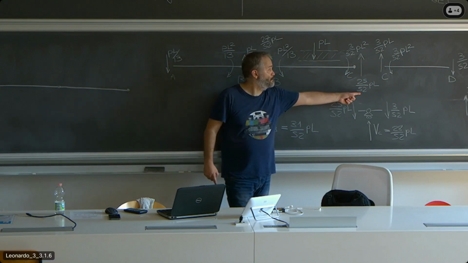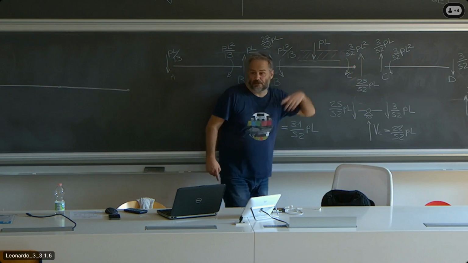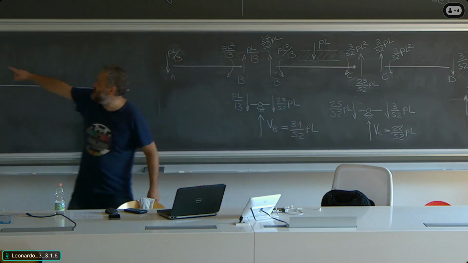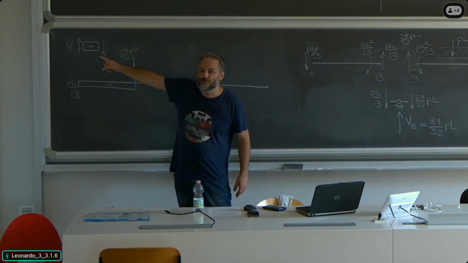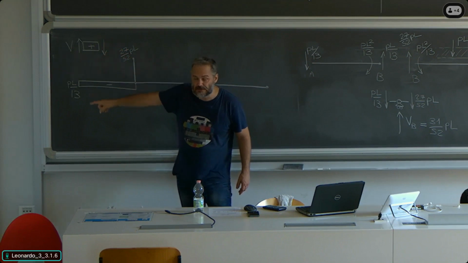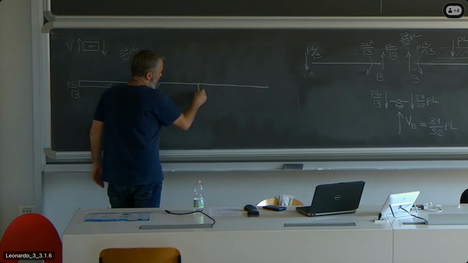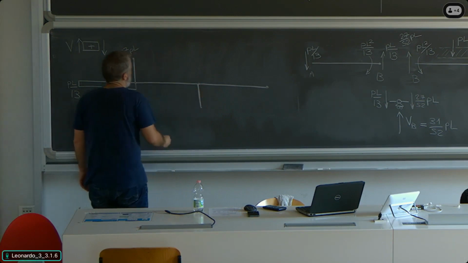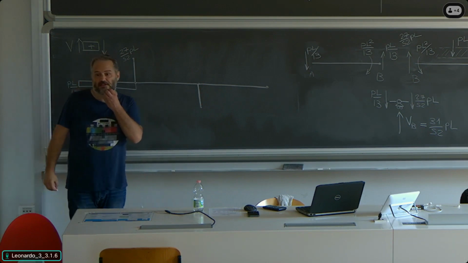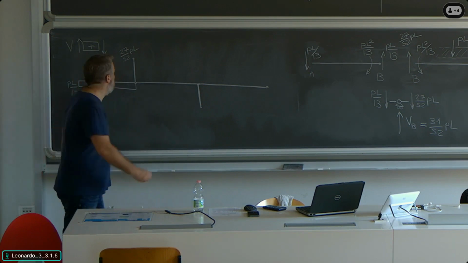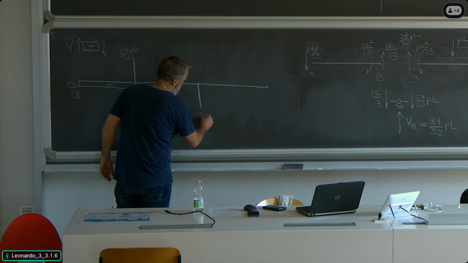Okay? It points upwards, whereas my sign conventions at the second end assume the shear to be positive if it's downwards, which means the 25 over 52 at the second end is negative. So plotted on the other side. How is the shear force? In this beam, I said linear, so I simply draw a line connecting the two.